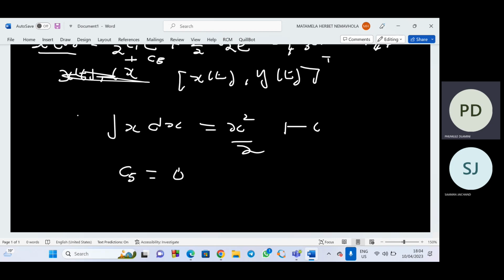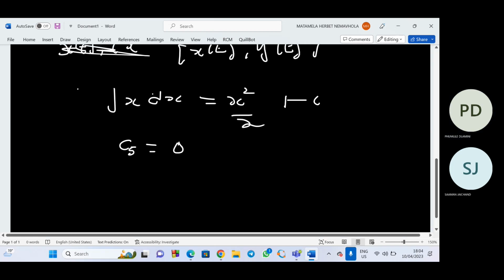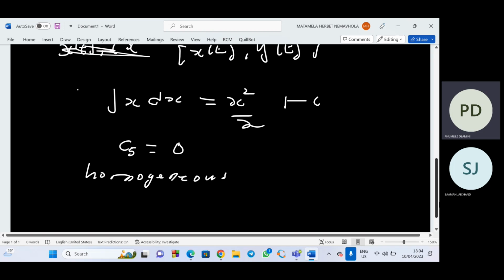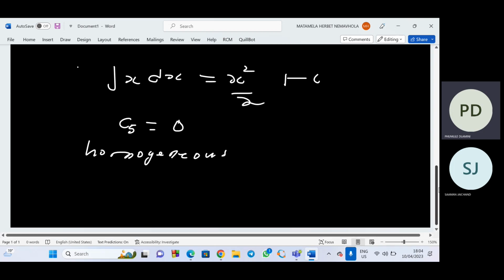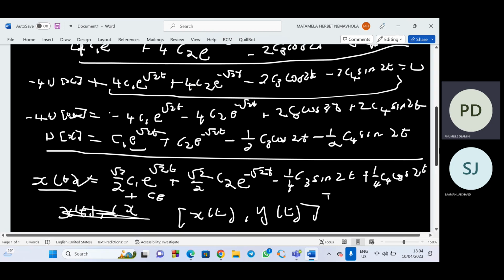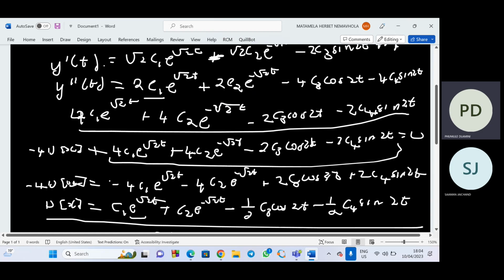When C5 equals 0, remember it means that this equation is homogeneous. So the final solution is only the solution of these equations: x of t, this one, and the y of t that we got. Just by doing that, you have answered this question. You will have solved this linear system of equations.